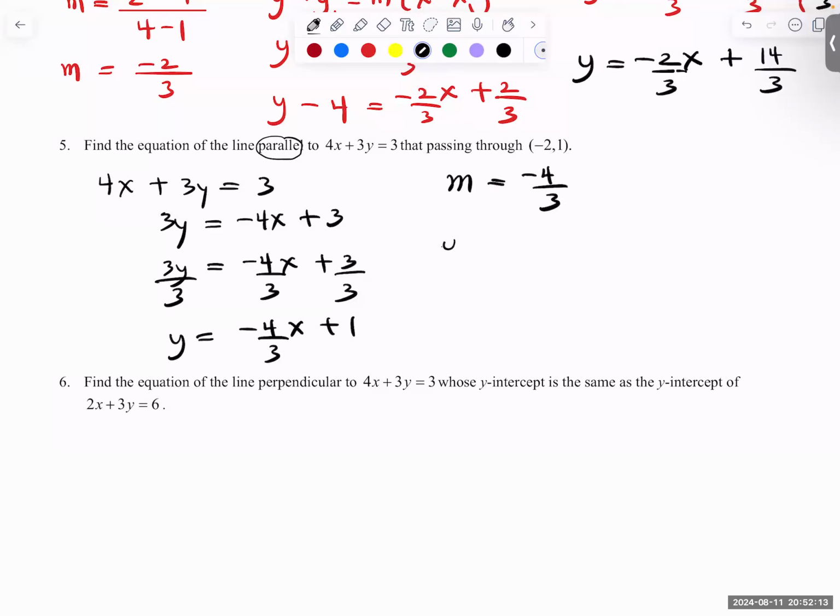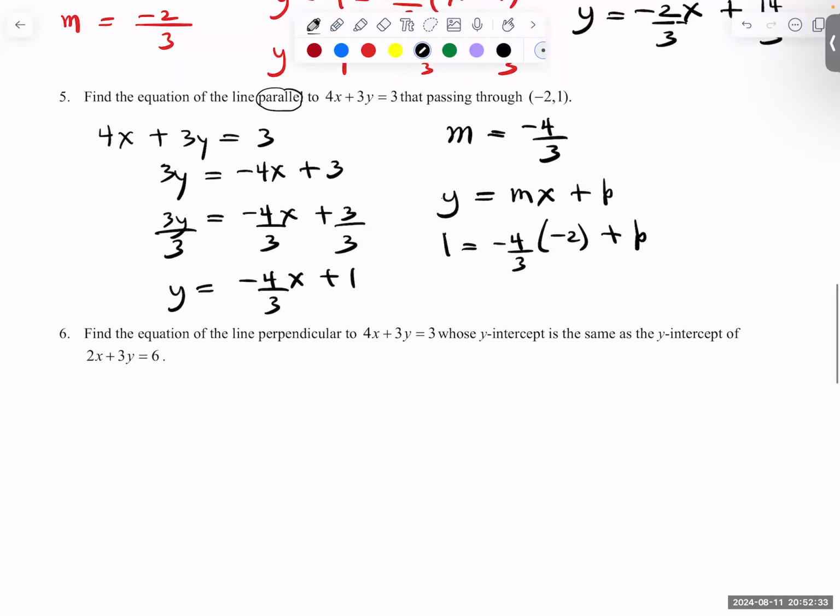So this time, let's use y equals mx plus b, slope-intercept form, and substitute the given point's y coordinate of 1. We now know the slope is negative 4/3, and we substitute the x coordinate -2, and then we can solve for b, the y-intercept. So 1 equals 8/3 plus b.